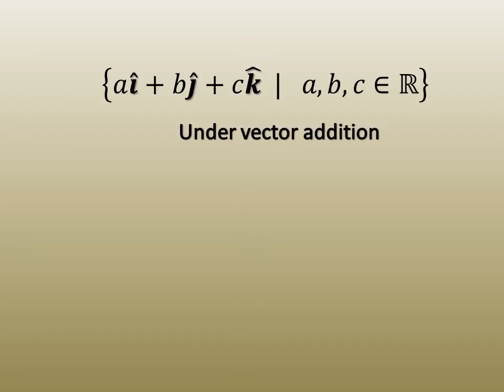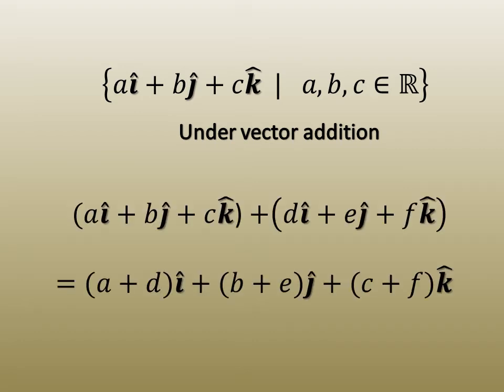Now we consider the set of three-dimensional vectors under vector addition. Any vector can be represented uniquely in its component form, and the addition of two vectors is defined by component-wise addition. Based on this definition and the given properties of real numbers, we deduce that the algebraic structure is both closed and associative.